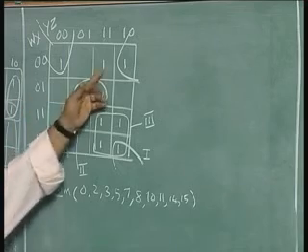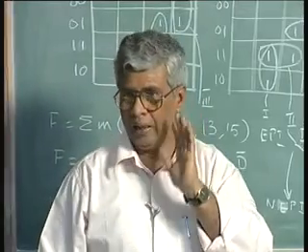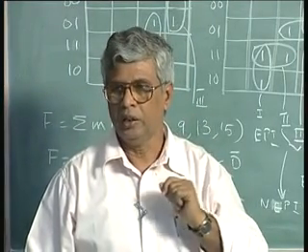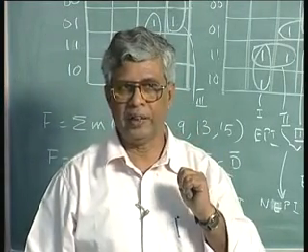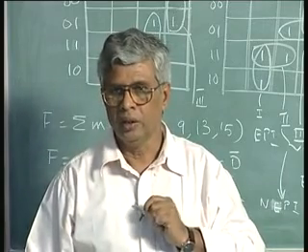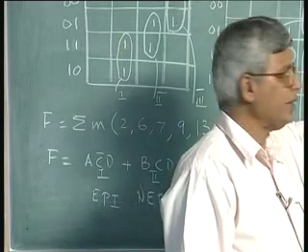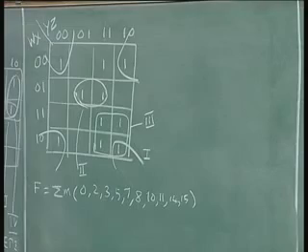Now the only one that is left out is this one. In order to complete my simplification procedure, I have only one uncovered one, and that one has to be included. So I can do it 2 ways.